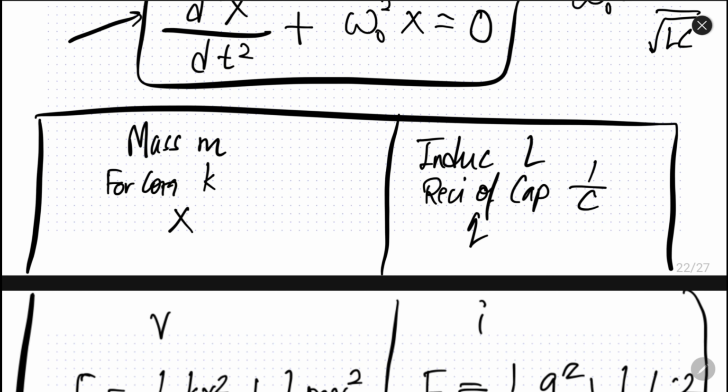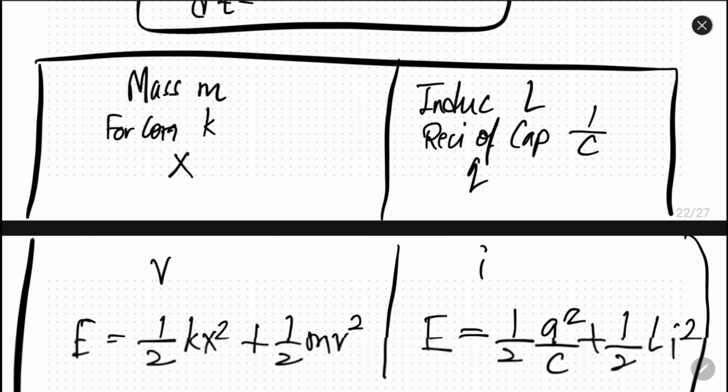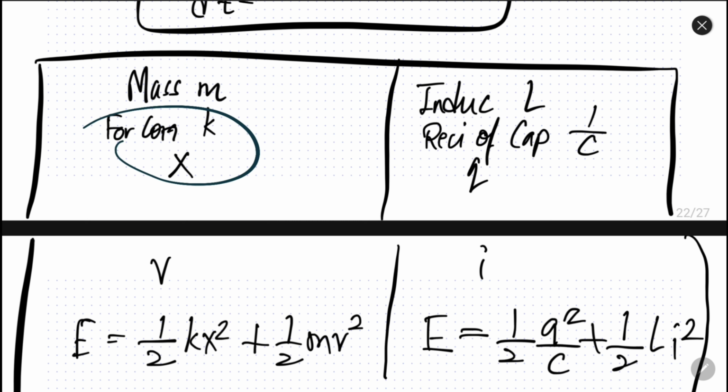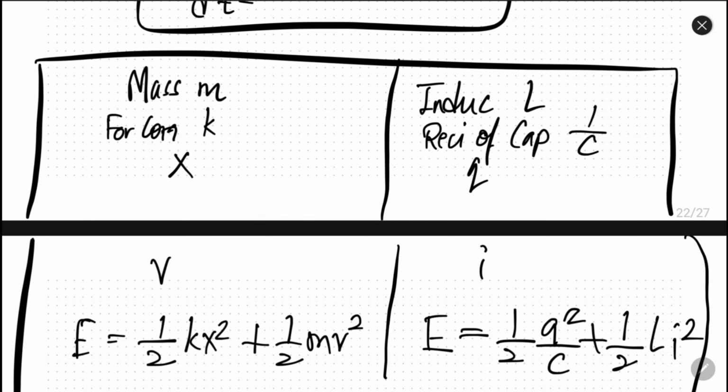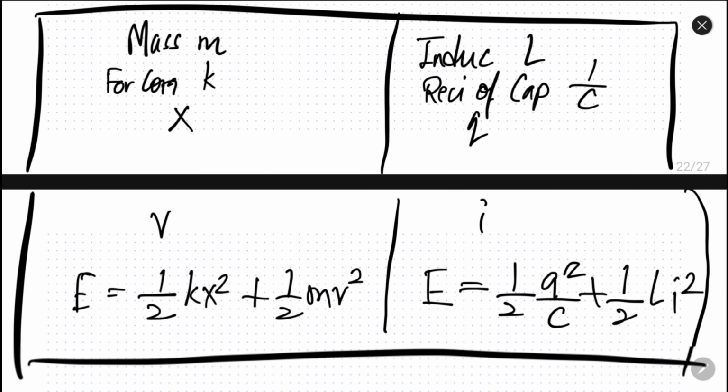So there are some analogies. In normal SHM, mass m is there, and here in place of mass we have inductance L, and there the spring constant was there. So here the reciprocal of capacitance is there. There we discussed the change in position, that is displacement x. So here charge is moving from one place to another.